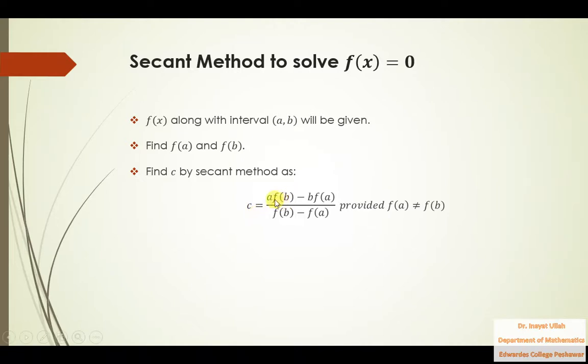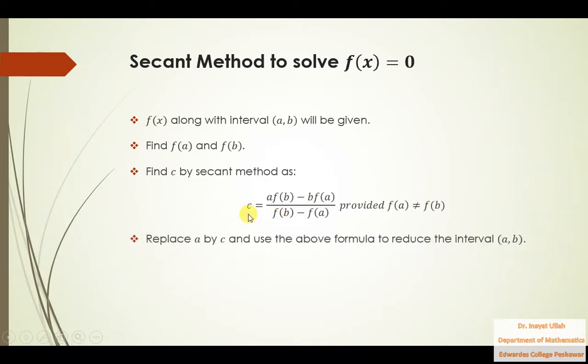So a will be multiplied by f of b and b will be multiplied with f of a, then divided by the same f of b minus f of a. So this formula is for the value of c.